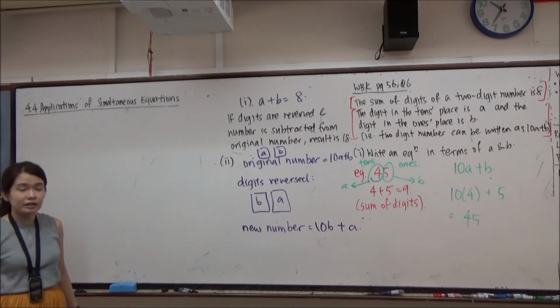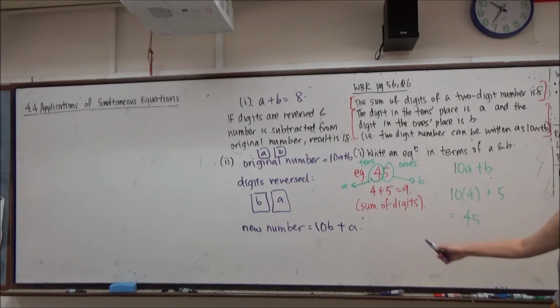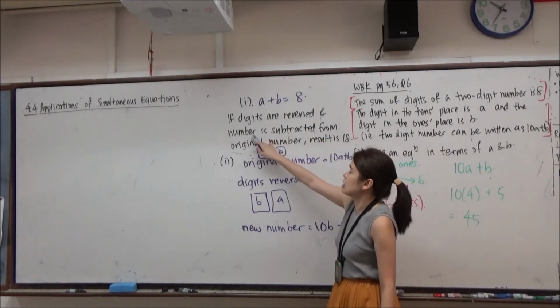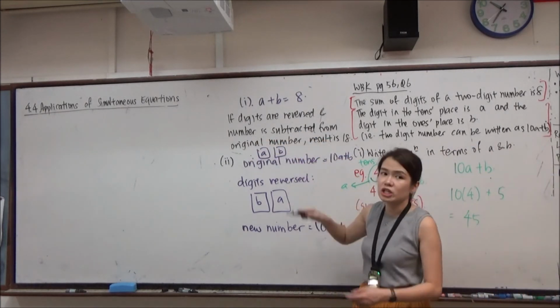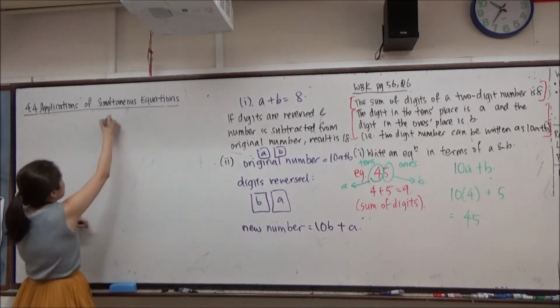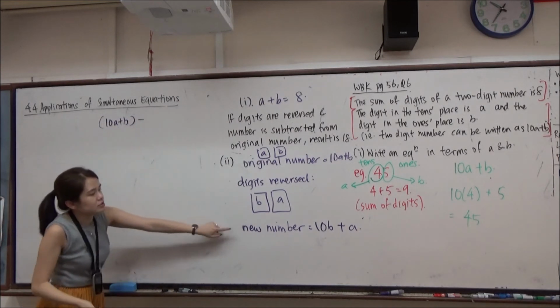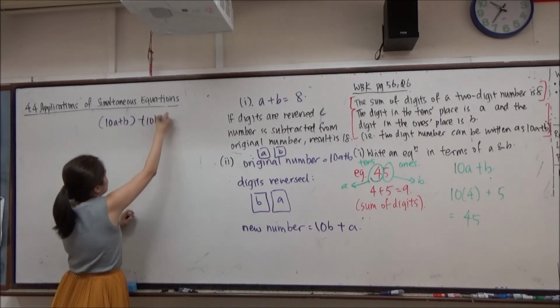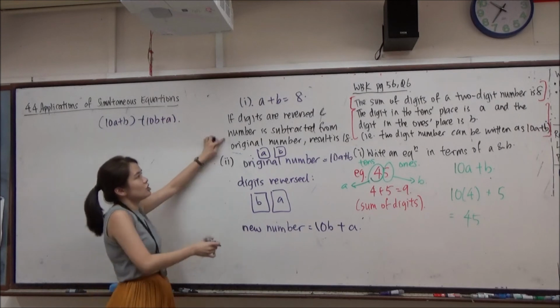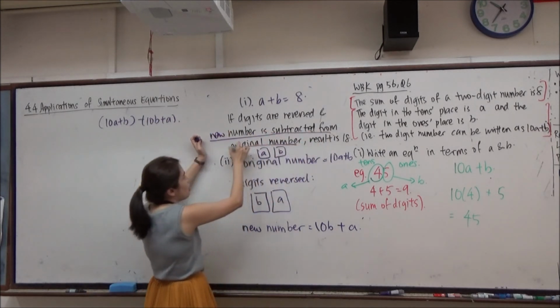Sure? Then now we want to form that equation, because it says that the new number is subtracted from the original number. So I take the original number 10A plus B, and subtract out 10B plus A, because it's the new number subtracted from the original number.